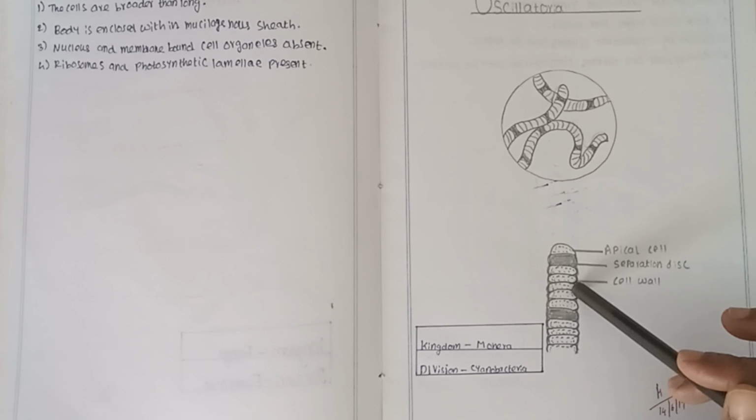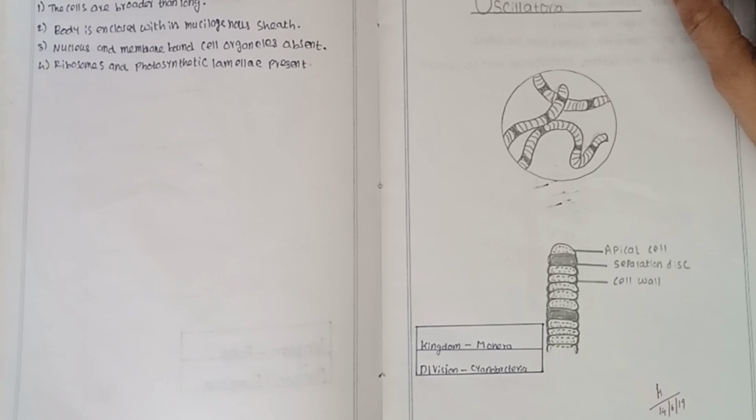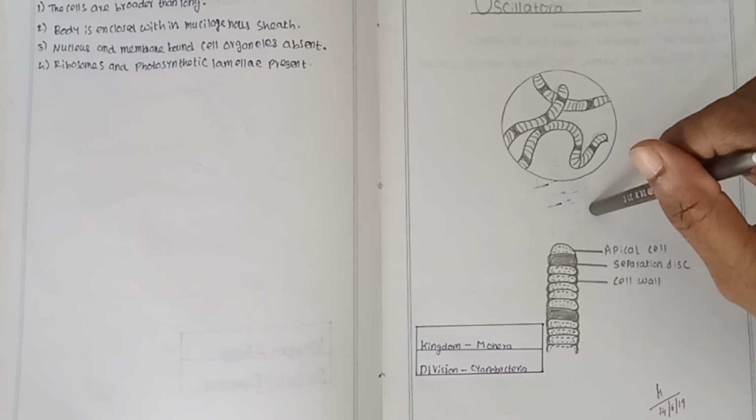In bacteria, sexual recombination is by conjugation. In cyanobacteria, sexual recombination has been observed in some. Now we complete the first session of our botany practical, viva and record session.